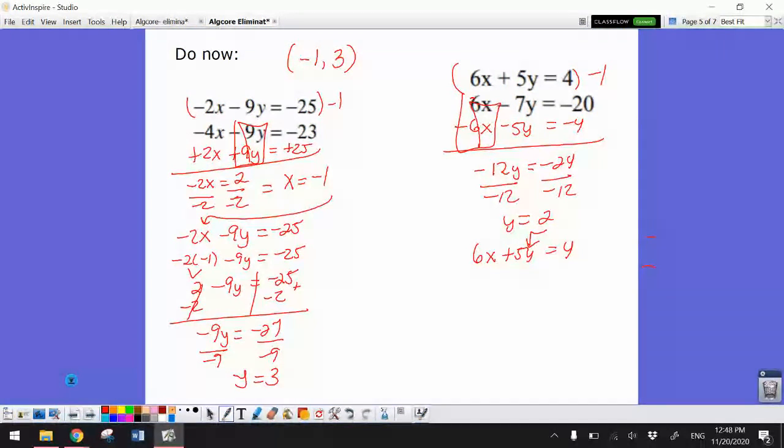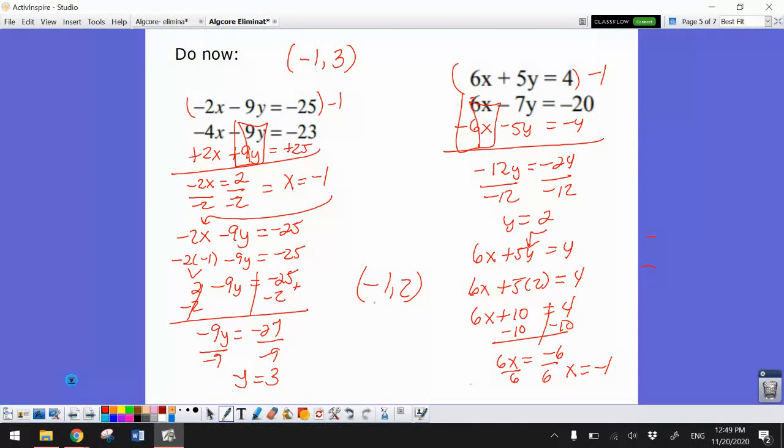So I'm going to drop my y into the first equation. So I've got my 6x plus 5 times the 2. So 6x plus 10 equals 4. Move my 10. 6x equals -6, and divide by 6, x is going to equal -1. So my solution is -1, 2.